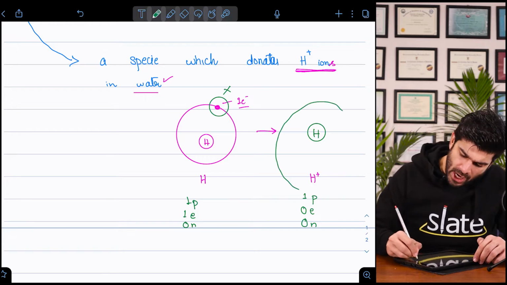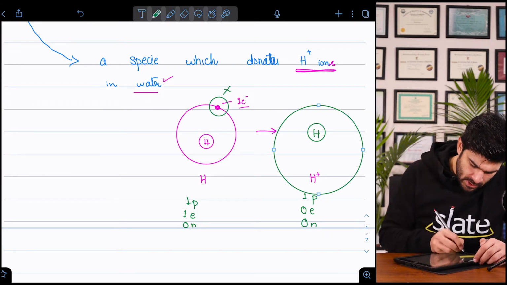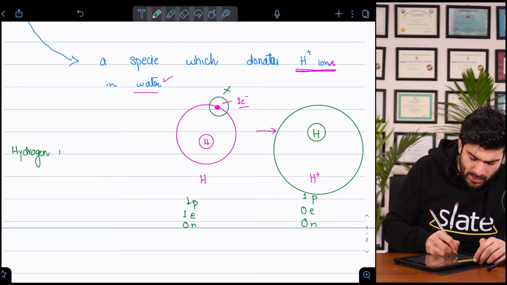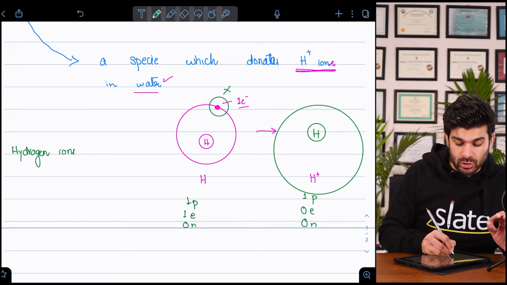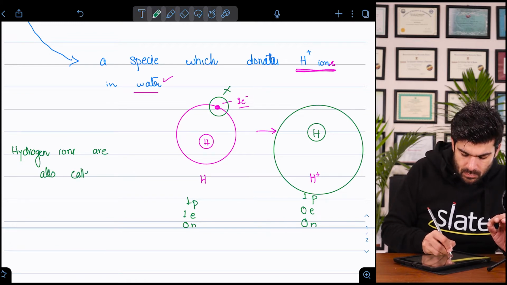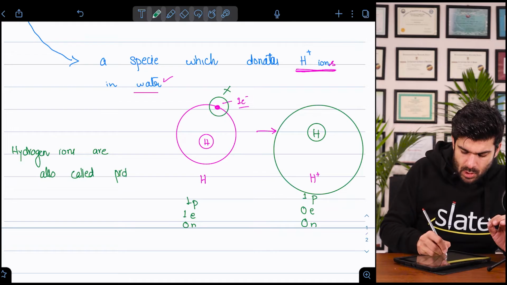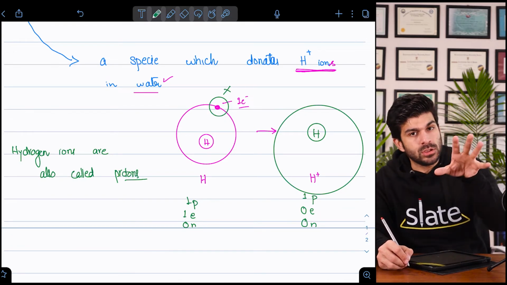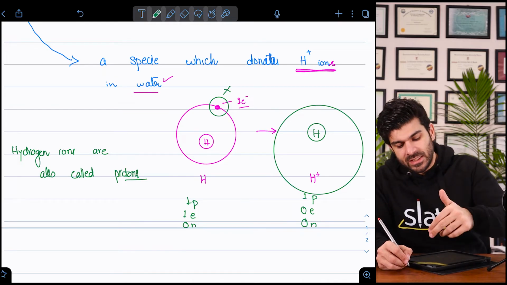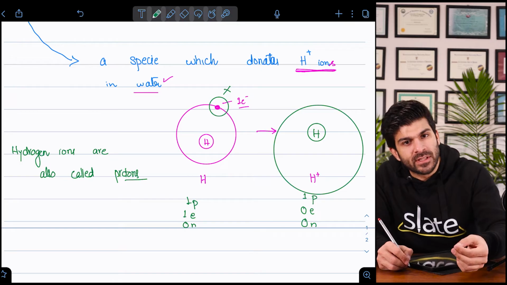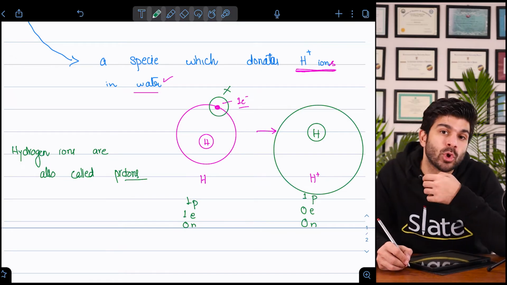So, students, hydrogen ions are also called protons. Not the protons that you talk about otherwise, but since a hydrogen ion will only have a proton left, we can call it a proton as well.